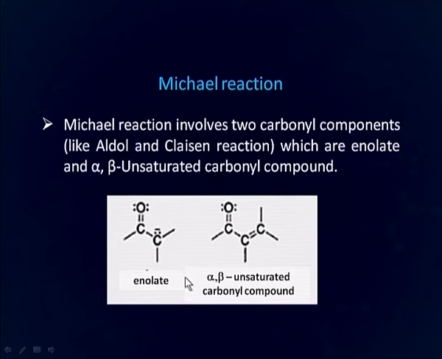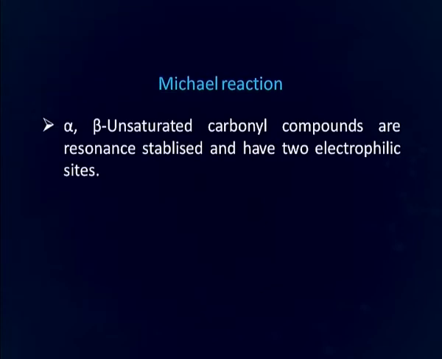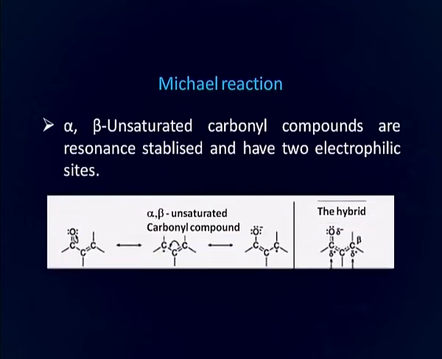Michael reaction involves two carbonyl components like aldol and Claisen reaction, which are enolate and alpha beta unsaturated carbonyl compound. This one is enolate and this is alpha beta unsaturated carbonyl compound. Alpha beta unsaturated carbonyl compounds are resonance stabilized and have two electrophilic sites.